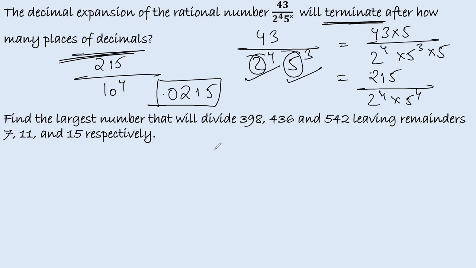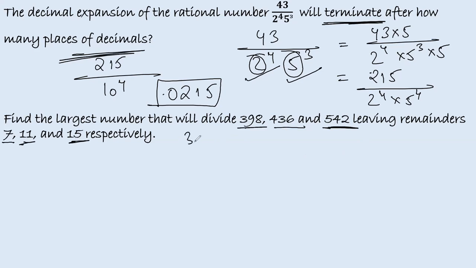Whenever a number is dividing another number and leaving a remainder, it means it is not completely dividing it. So in this type of question, wherever a remainder is left, for 398 the remainder is 7, for 436 the remainder is 11, and for 542 the remainder is 15.